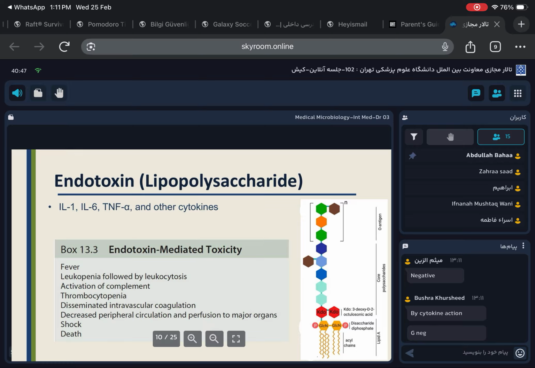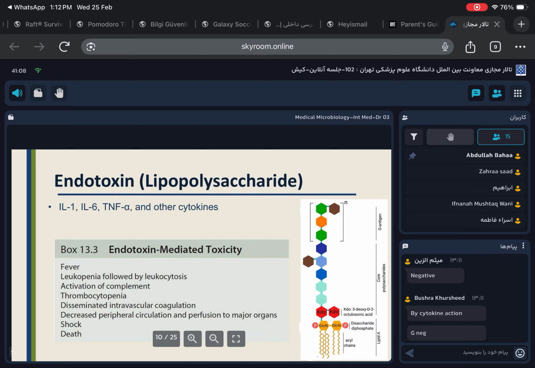If you don't treat your patient quickly, it's possible that the concentration of endotoxin in the body increases, and as I said, there will be some severe consequences.